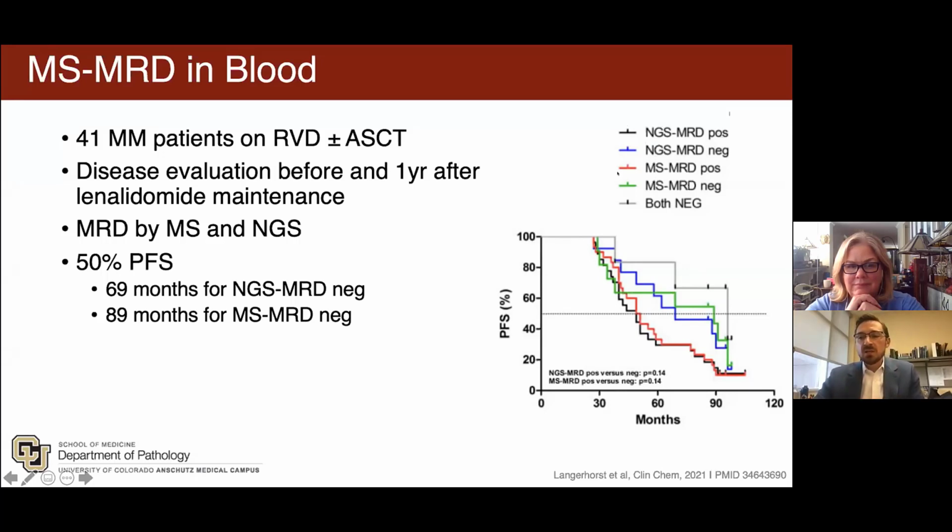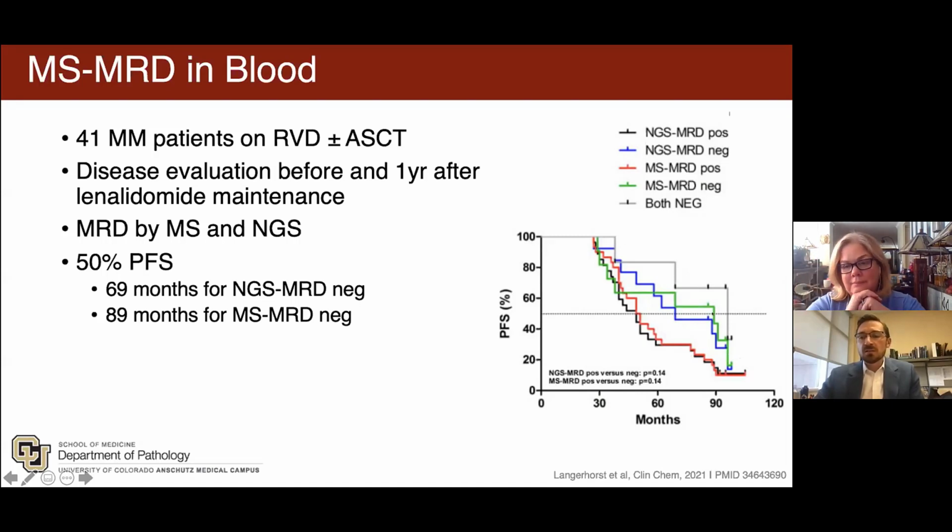In the case of these being positive, black and red, you can see that patients who have one of these methods that's positive, they have lower overall survival, right? These curves drop more steeply when one of these is positive. When one of these is negative, the blue and the green, you see that survival is slightly improved. And you also see that they're somewhat comparable, right? These lines cross over each other.